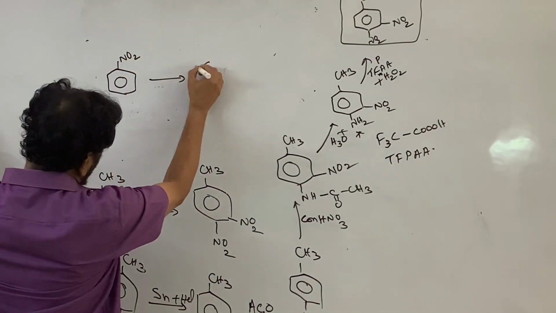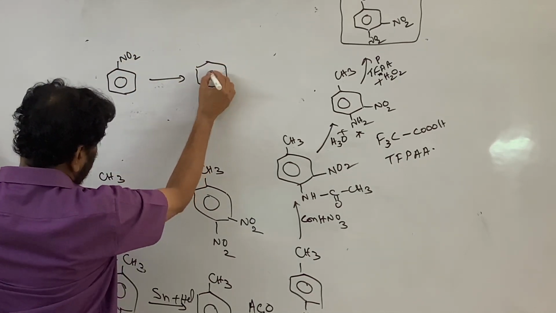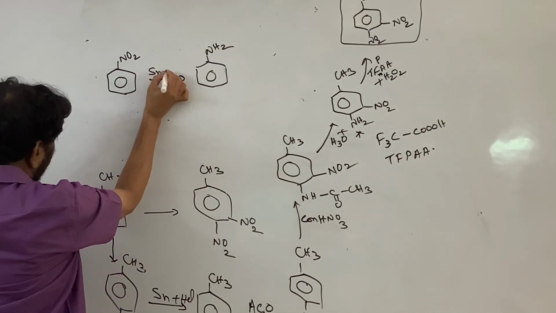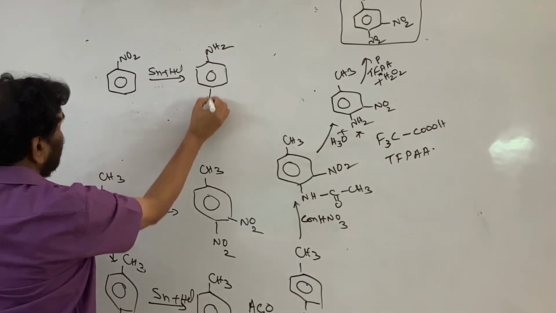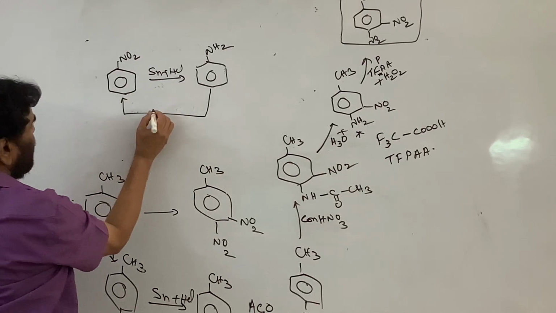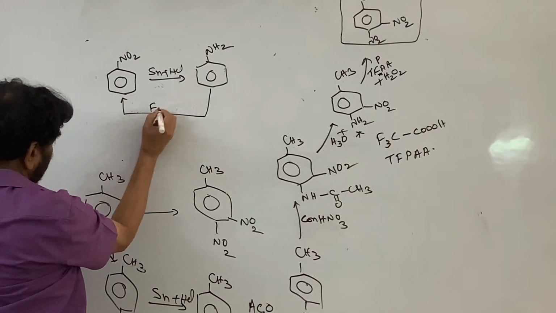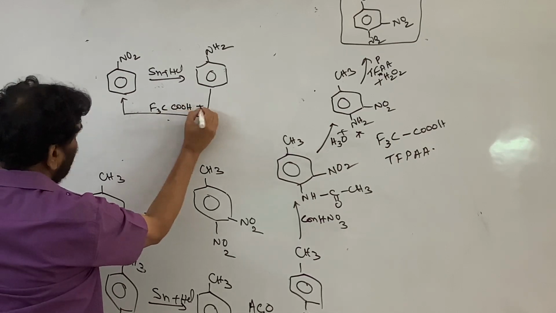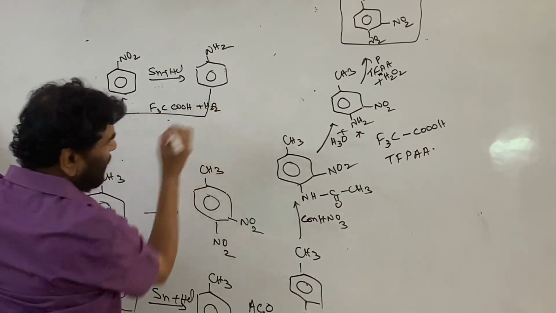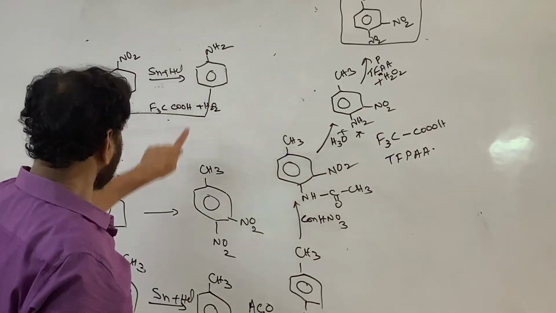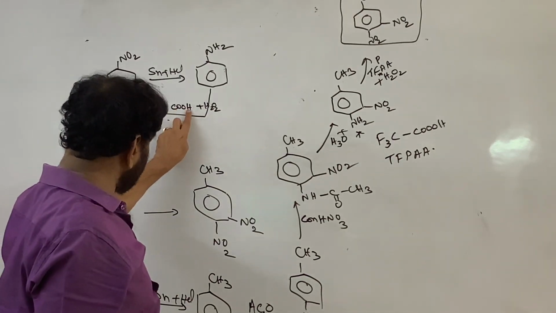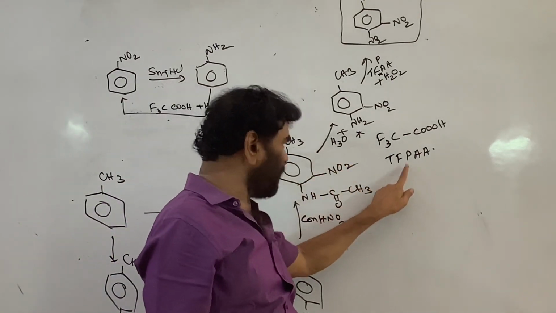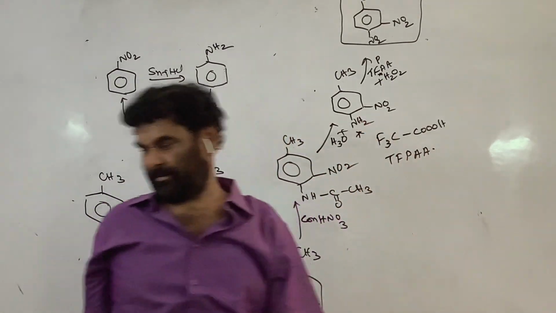Nitro compounds can be converted into primary amines by treating with the Sn plus reduction process. This can be converted into this by H plus hydrogen peroxide, that is, the trifluoroacetic acid plus hydrogen peroxide mixture, which is the trifluoroperoxyacetic acid.